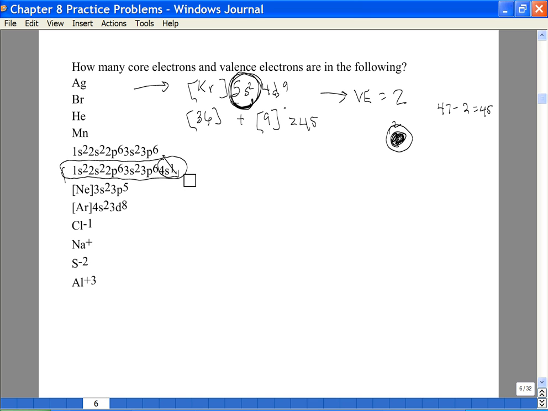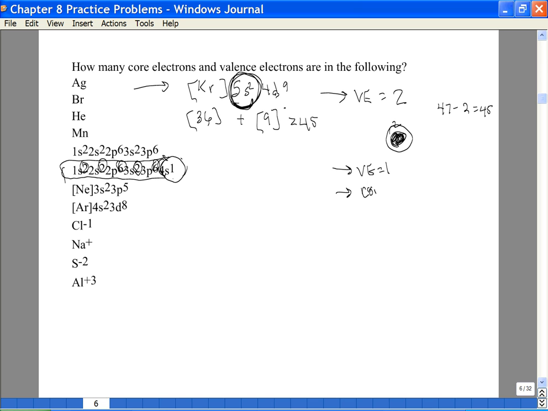The remainder of the electrons are core electrons. And when we count them up, there's 2, 4, 10, 12, 18.